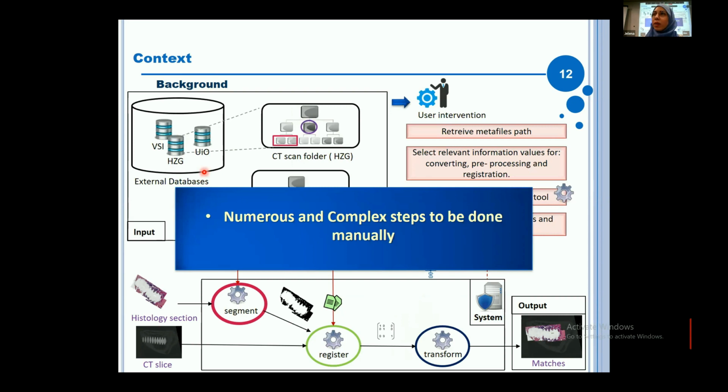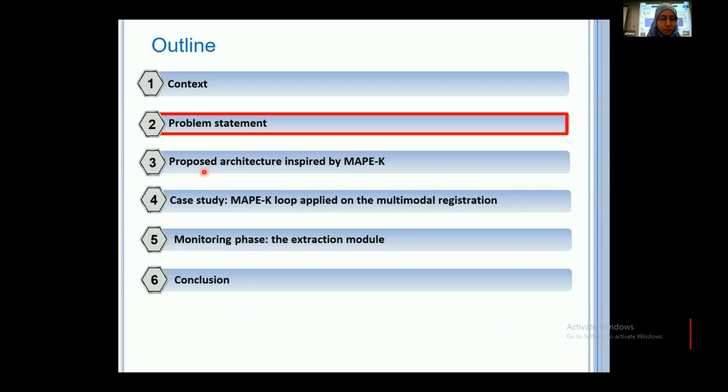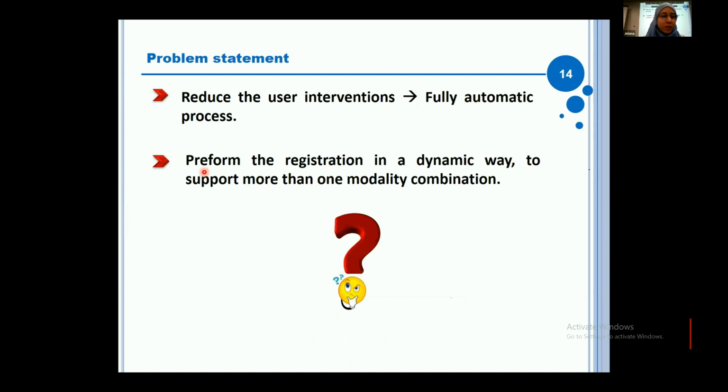So from the last example, we concluded that numerous and complex steps have to be done by the user manually. To fulfill the previously mentioned limits, we need to reduce the user interventions with a fully automatic process and perform the registration in a dynamic way to support more than one modality combination.